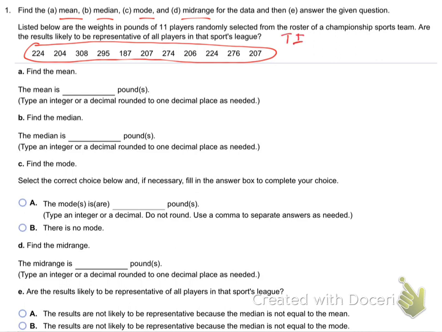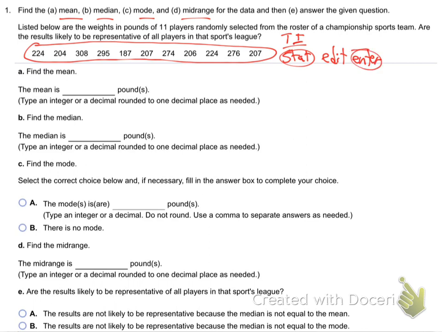So on your TI calculator, what you do first off is you hit the Stat button. And then you'll be on Edit automatically. Just hit enter, because that's what you want to do. You want to edit.